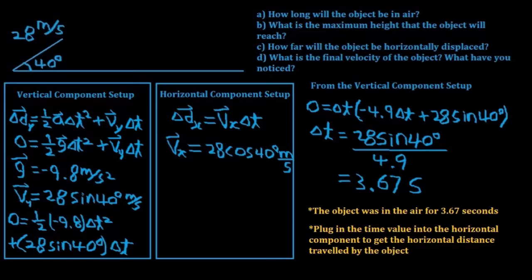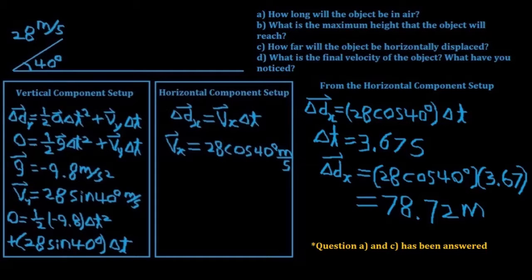So the time is 28 times sine 40 degrees all over 4.9, which gives you 3.67 seconds. So the object was in the air for 3.67 seconds, and this is the value that you can plug into the horizontal component to get the horizontal distance traveled by the object.